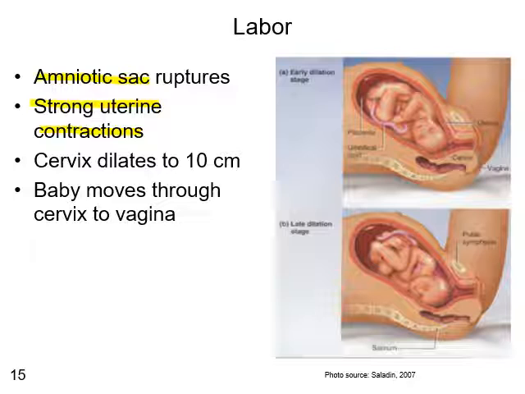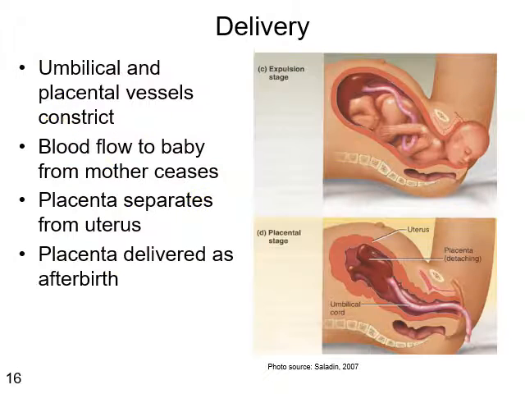The pressure of the baby's head on the cervix causes the cervix to dilate, and eventually, if everything goes well, the cervix dilates, the contraction of the uterine myometrium pushes the baby through the cervix into the vagina, and the baby is born.